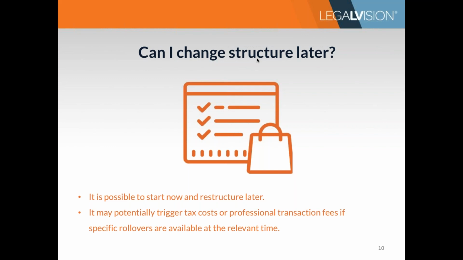If none of those rollover reliefs are available, then it's an ordinary disposal, and then you may be able to look into whether any specific concessions are available, like the small business capital gains tax concessions. If that's the case, then you can effectively restructure for little or no tax, depending on your circumstances, to get into the new structure which suits you for whatever reason at that time.